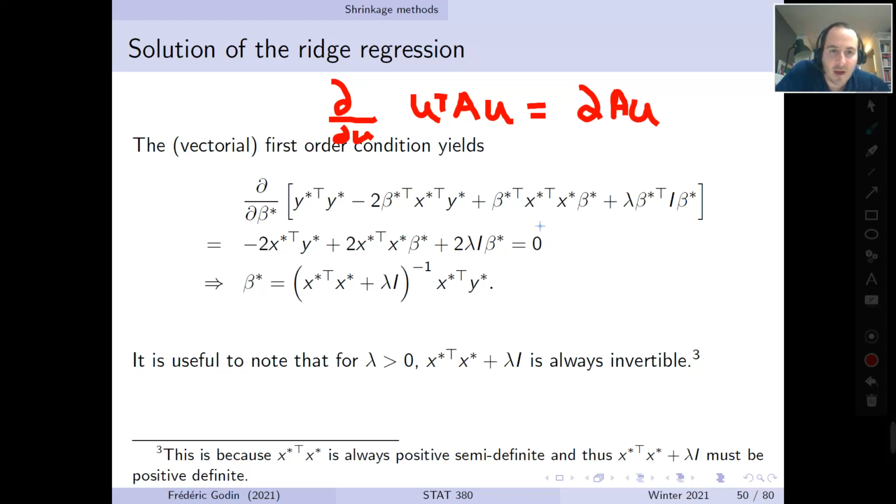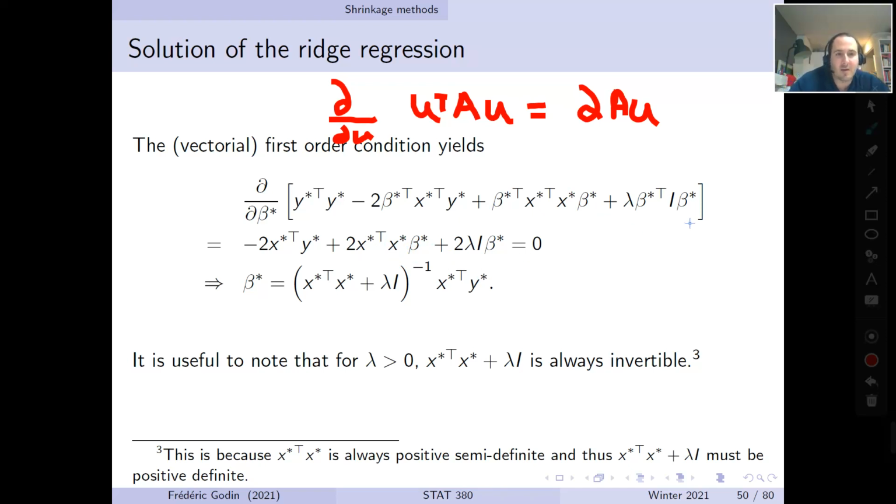And here, if you look at this guy inside, x transpose x, it must be symmetrical, because if you transpose it, it becomes x transpose times x transpose transpose, which is x transpose times x. So this guy is symmetrical, so we can apply the above rule, which becomes 2 times x transpose x times beta, with stars everywhere.